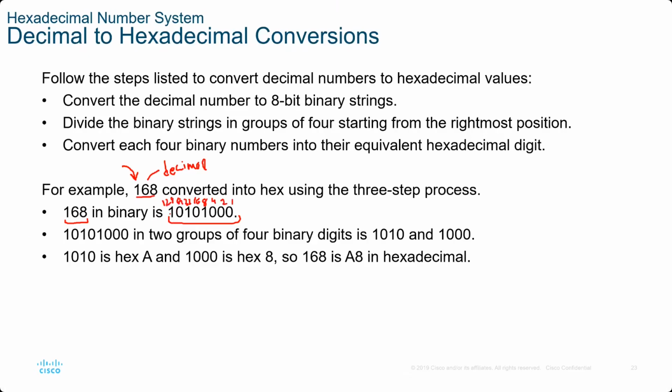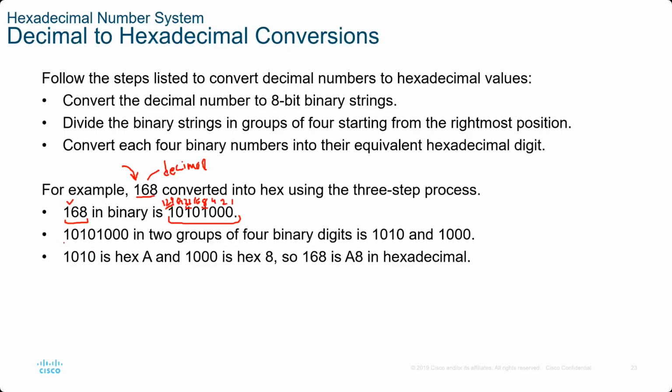And then wherever I have a 1, I just have to add those values. So it's 128 plus 32 plus 8. So 128 plus 32 plus 8 becomes 168. Okay? That's how I know exactly how to convert these things in my head.